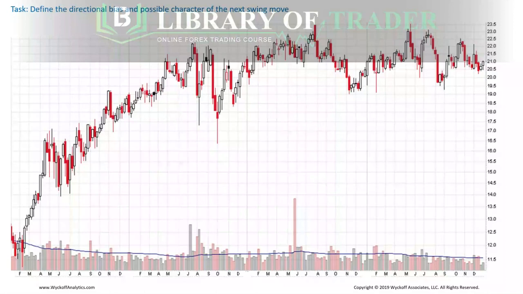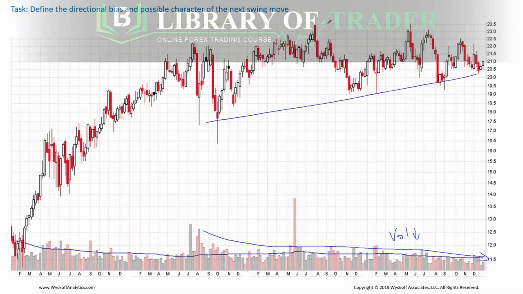Decreased supply across the structure, big supply bars, but no result to the downside. So we're looking at this decreasing volume signature right here. And then at the same time, what do we see with the price? We're looking at the apex formation.